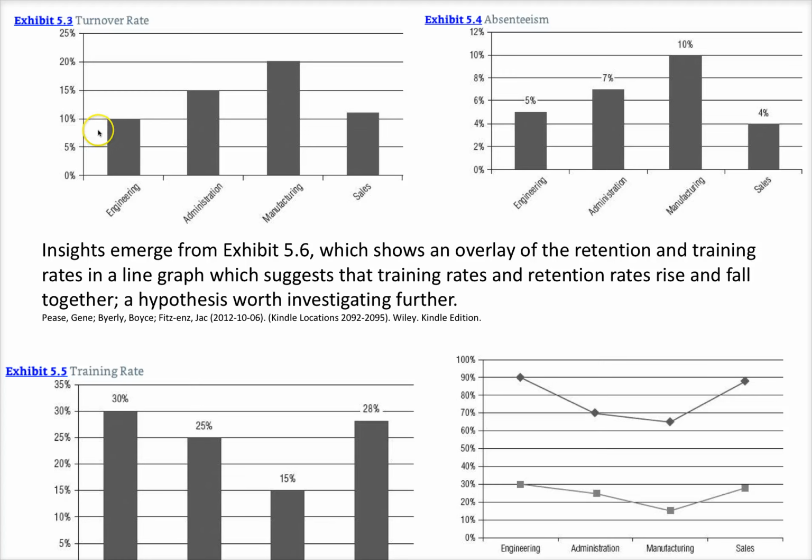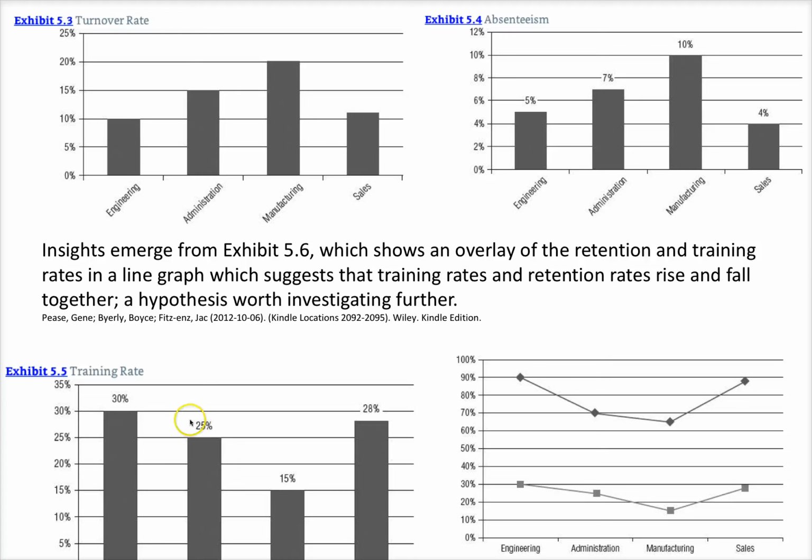Our textbook looks at a series of HR-related metrics. These are simple bar charts, and as you can see, we have turnover rate by department in percentage, and obviously you can see that manufacturing has the highest turnover rate. And if we look at 5.4 absenteeism, manufacturing also has the highest rate of absenteeism.